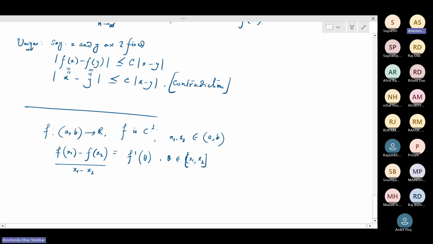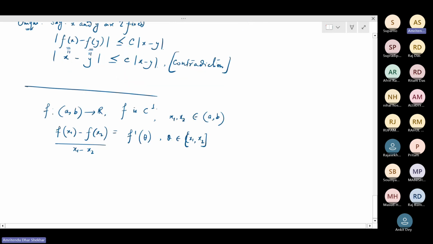So that you get the norm of f of x1 minus f of x2 is equal to the norm of f dash theta times the norm of x1 minus x2.